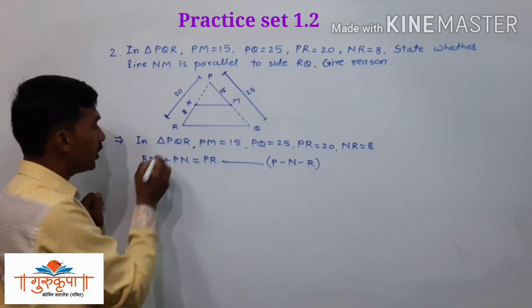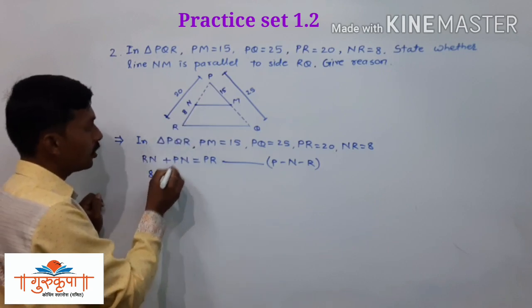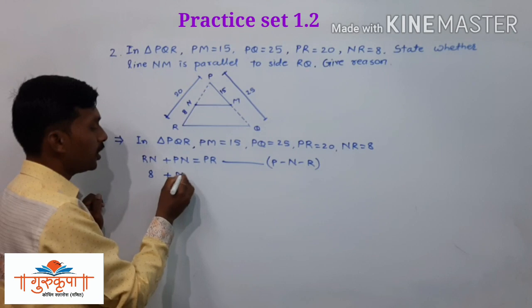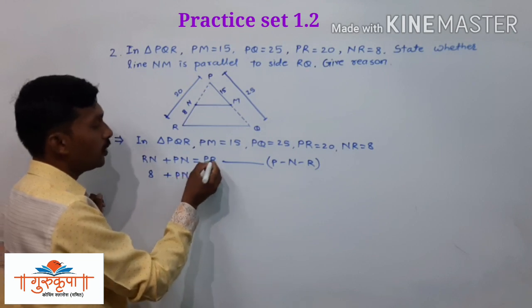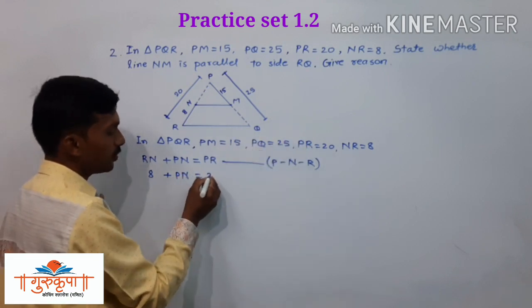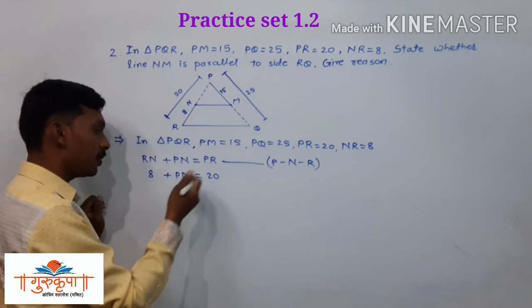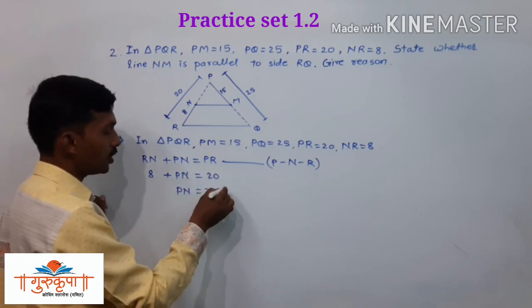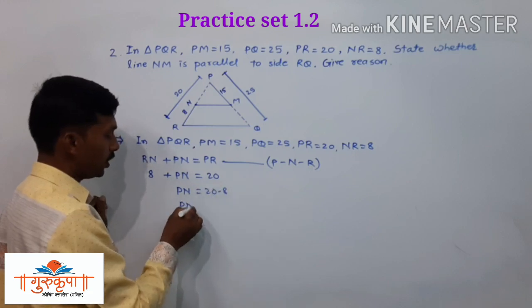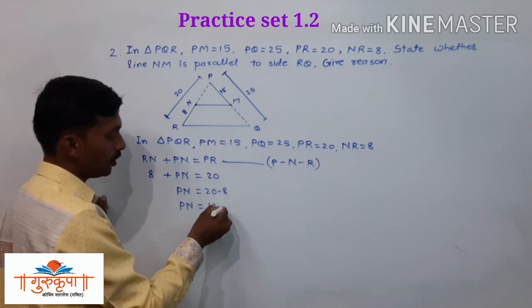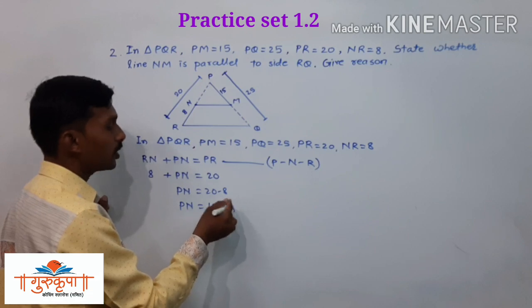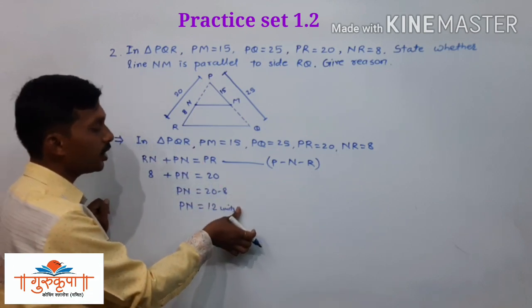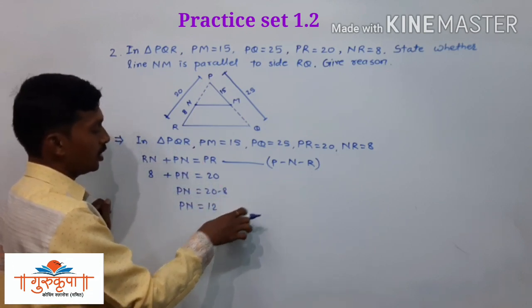RN is given 8, plus PN we have to find, so PN as it is, equal to PR, that is given 20. Now transfer this 8 to the right side and you will get PN is equal to 20 minus 8, that is PN is equal to 12 units. No need to write the unit there since we have to find the ratios.